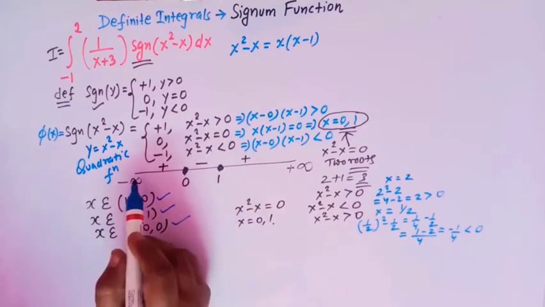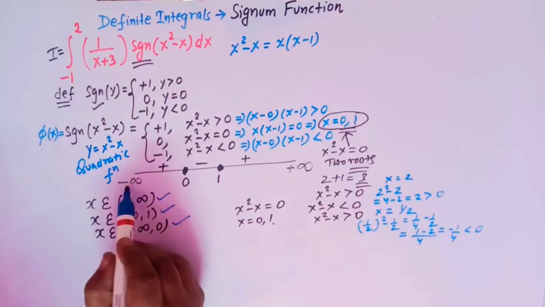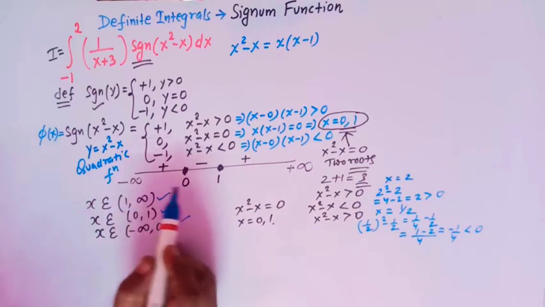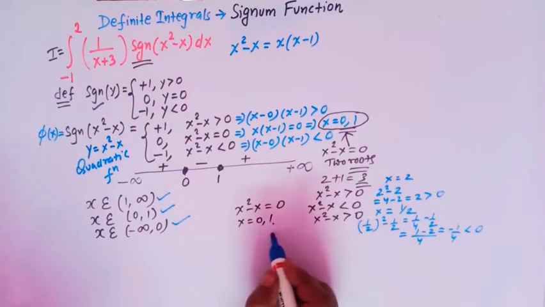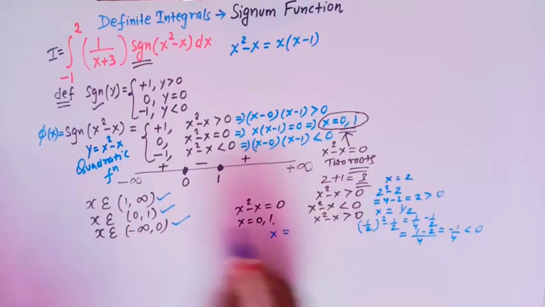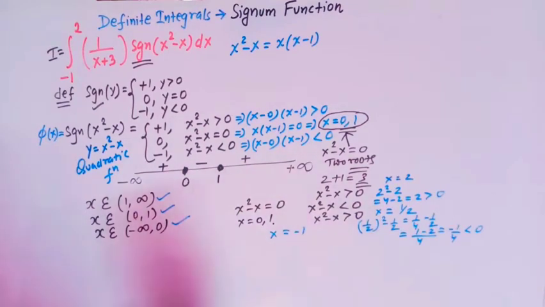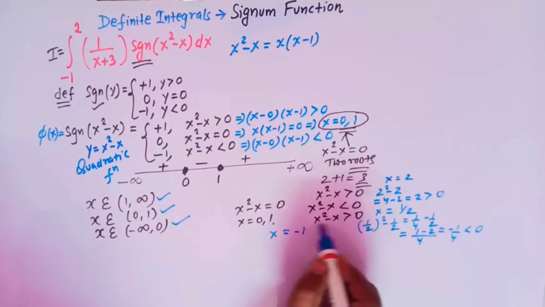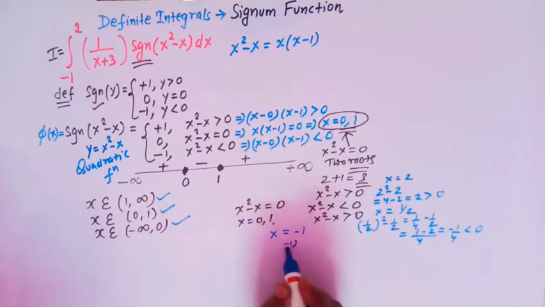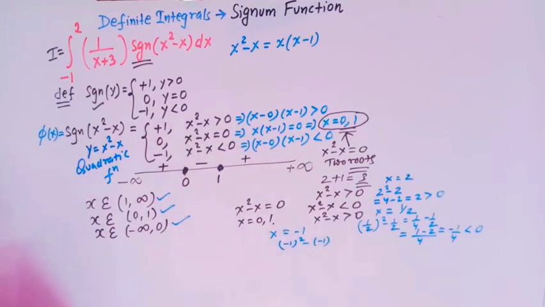And if we take any other value between minus infinity and 0, say x is equal to minus 1, because minus 1 lies between minus infinity and 0, then the sign of x square minus x, that is minus 1 square minus minus 1, right?